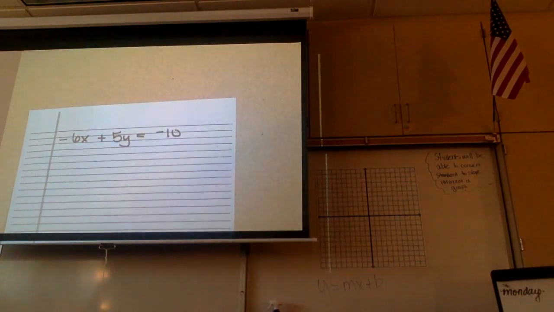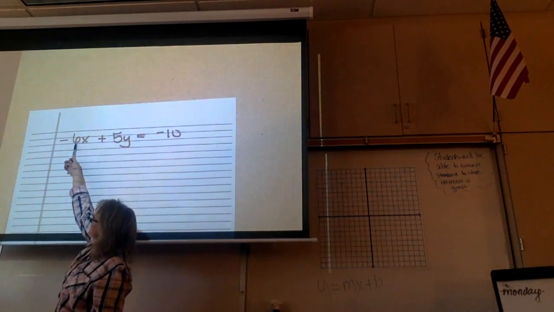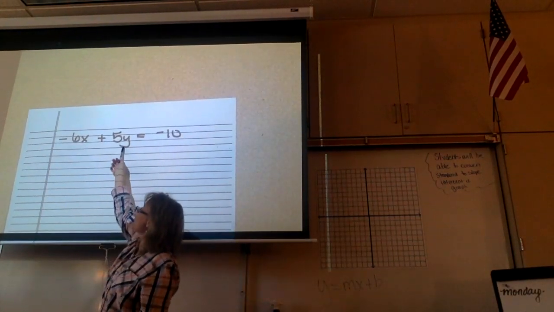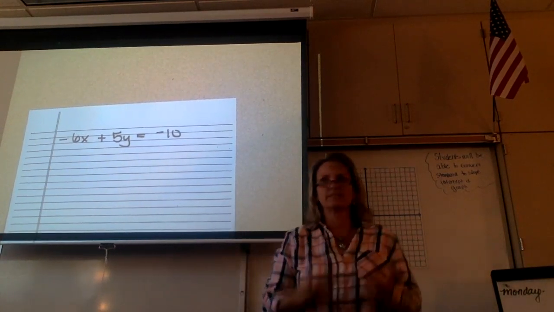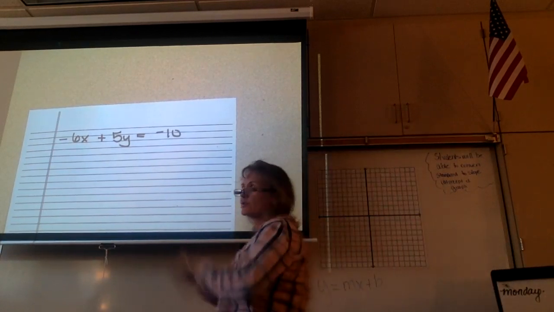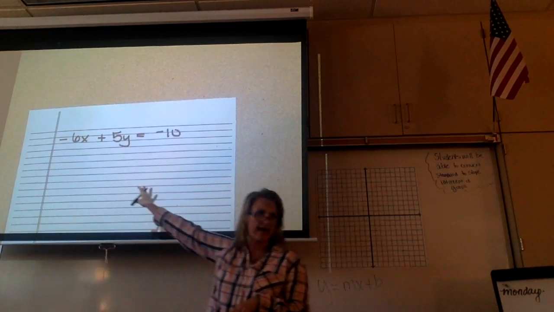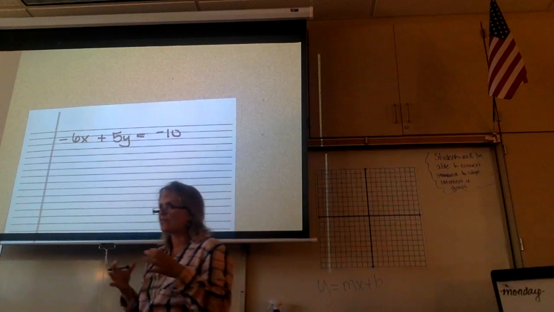That doesn't look like slope-intercept form because I don't have the y by itself. I have some number, x, plus some number, y, equals some plain old number. Ax plus by equals c is what you're going to see in a textbook, okay? Those really don't help me at all. I can't graph that. I don't know what that looks like. Okay? So I need to get the y alone.